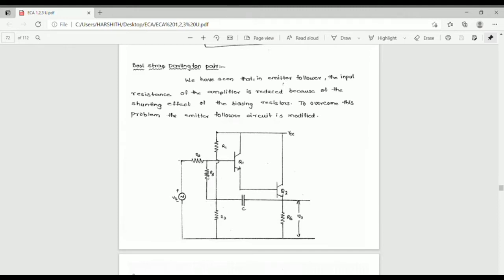Then there is resistance R3 and a capacitor, and two transistors Q1 and Q2. The first transistor's emitter is given to the second transistor's base, and the second transistor has RE, VCC and V0.